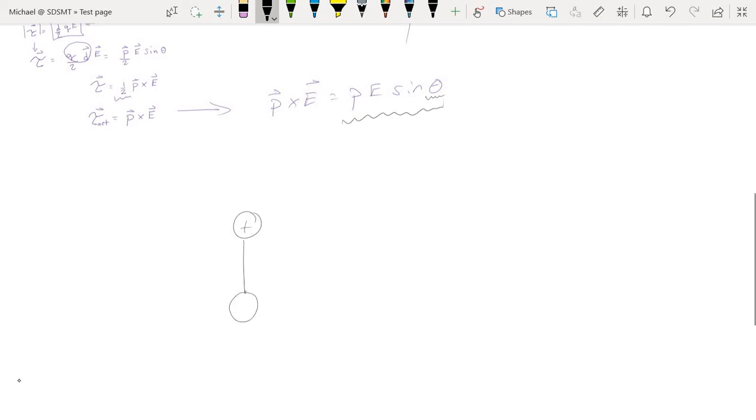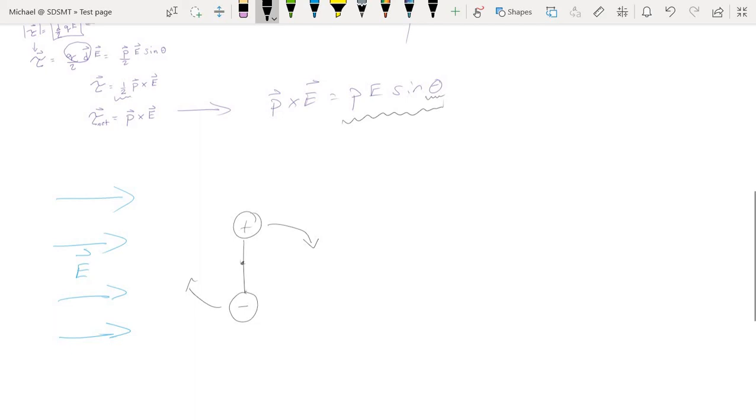We're taking a dipole, which, as much as we're trying to avoid it, has some mass, and we're applying a force as a result of having this electric field act on the dipole, and this force is causing the dipole to rotate.